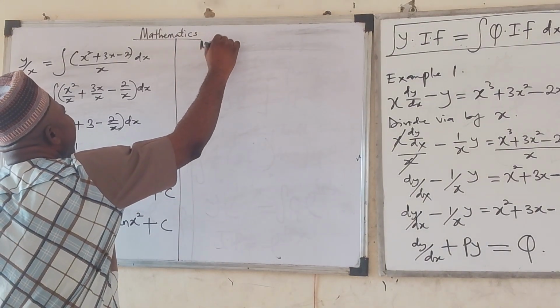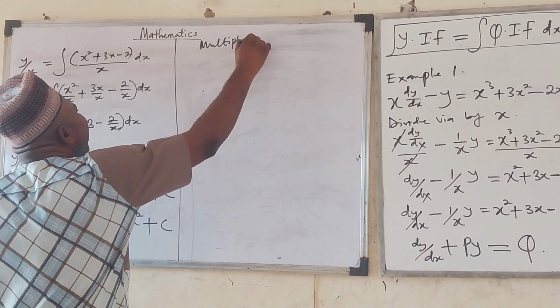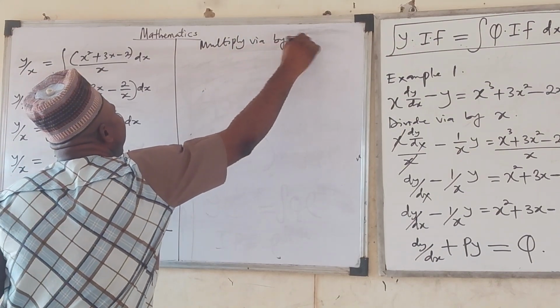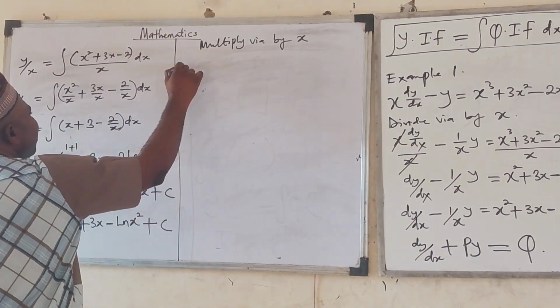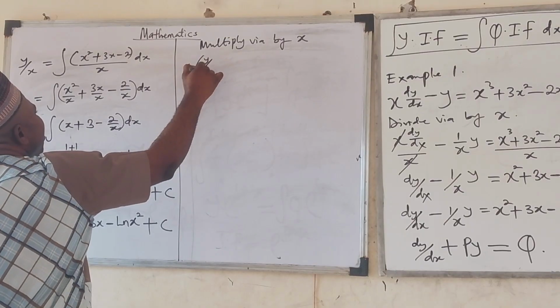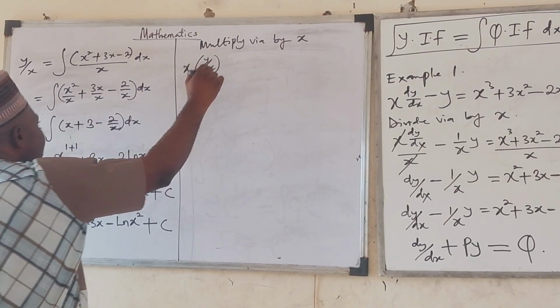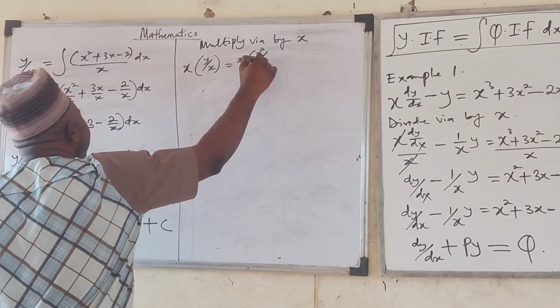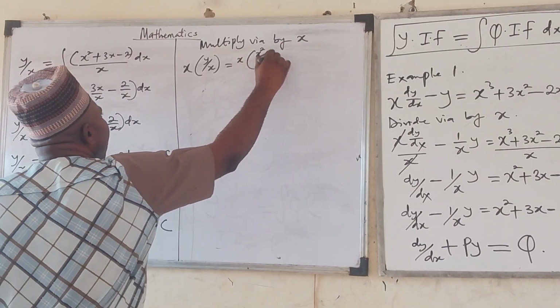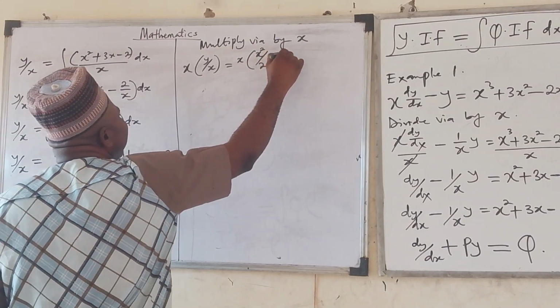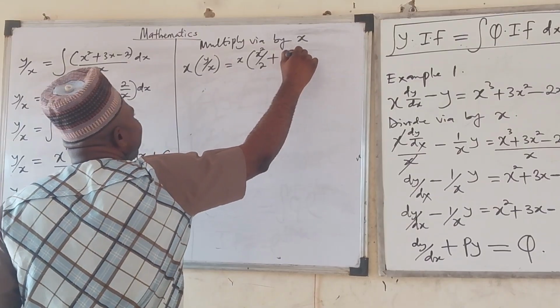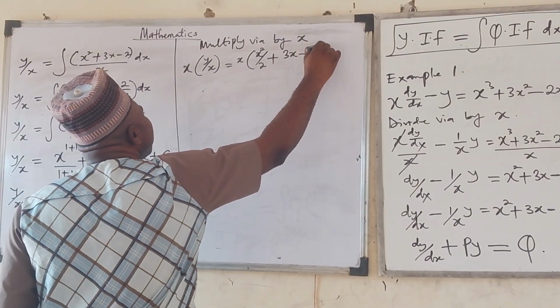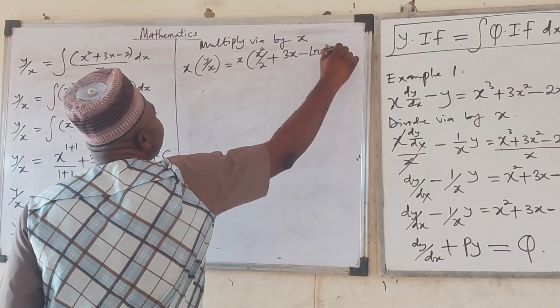So on the left hand side, we have x times y over x is equal to x times x squared all over 2 plus 3x minus ln x squared, plus c.